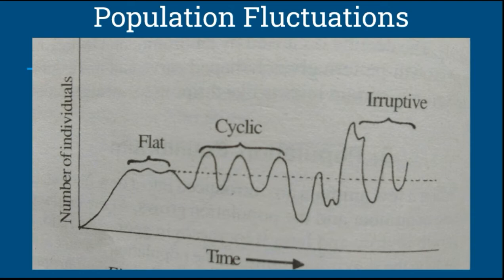You can see here in the figure that the population grows for some time, and after reaching the maximum level there is a flat position. Sometimes the population goes lower, then again increases above and below. That is cyclic in nature.